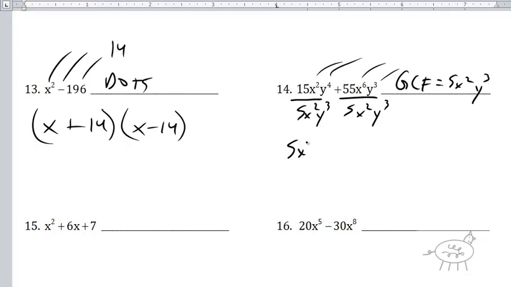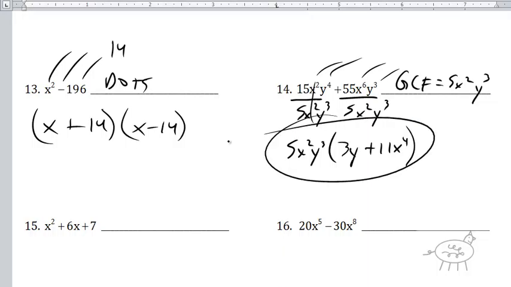I divide that out, I get 5x squared y cubed, parenthesis, this is going to give me 3y, because the x squareds cancel, and 15 over 5 is 3, and then y to the fourth over y cubed is y. 55 over 5 is going to be 11, and x to the sixth over x squared is x to the fourth, and y cubed over y cubed is just gone. So this is actually our final answer, guys. It looks complicated, but it's greatest common factor.